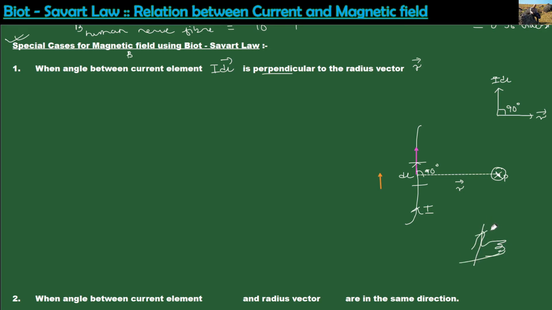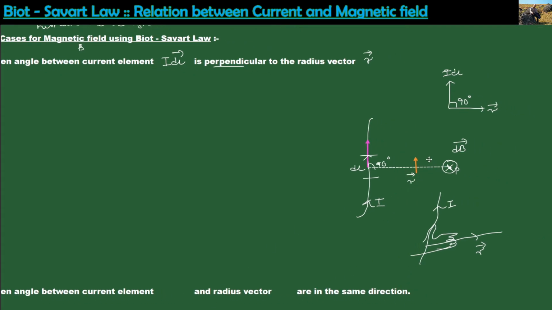The palm indicates the direction of I, the outstretched fingers the direction of r, palm facing down. So this cross will be the direction of dB, perpendicular and inward. So we have to find out the direction of this dB at that particular point. So it will be like that.